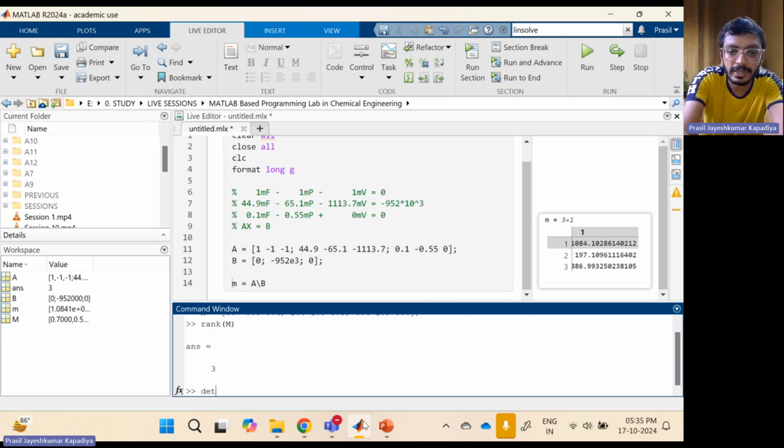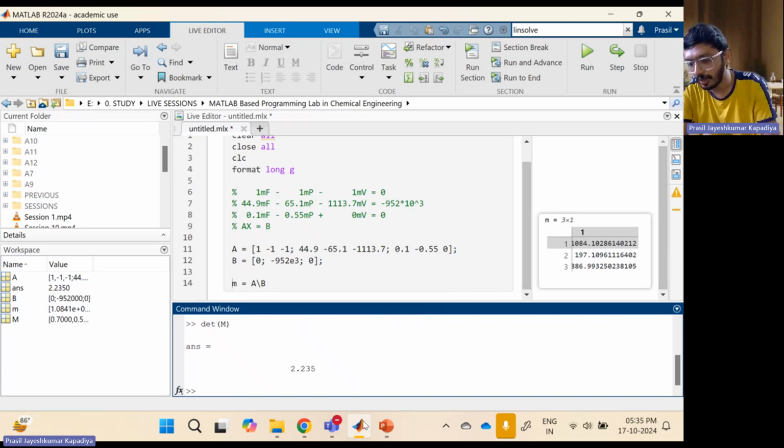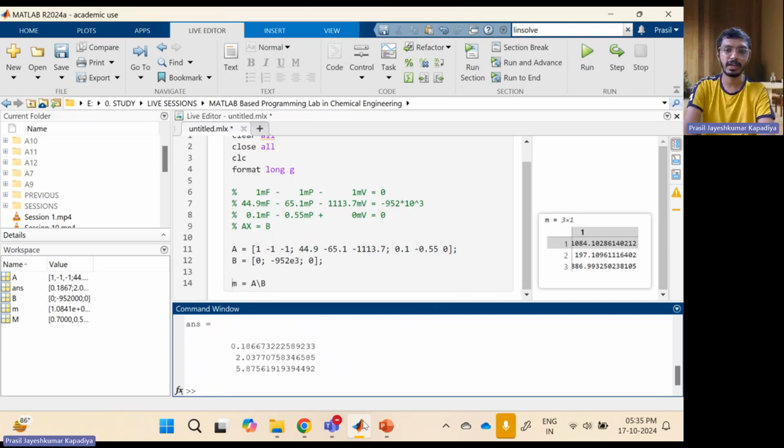So det of M will give me the determinant, which is coming out to be 2.235. Further, I can calculate the eigenvalues, so it is eig of M. These are the eigenvalues that I am getting. So these kinds of small questions may be there in your examination.